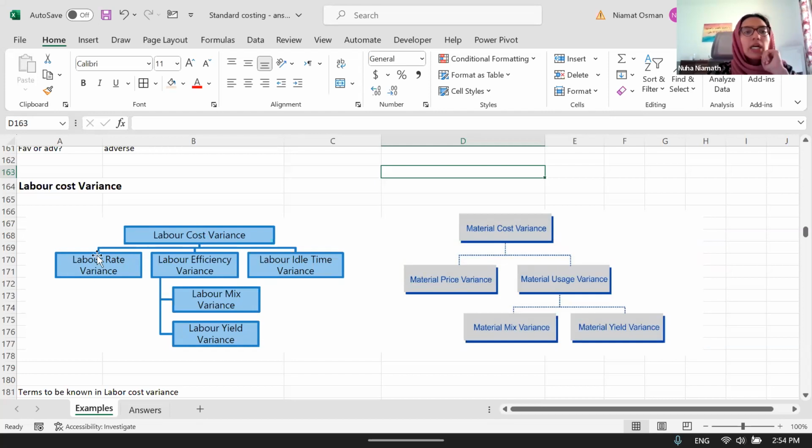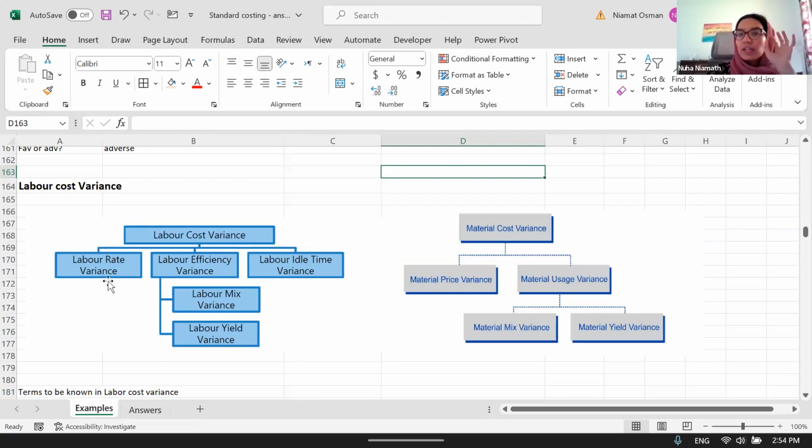Point number one. Labor rate variance and material price variance, same concept. Price variance, we subtract SP minus AP. Here we will subtract SR minus AR. So instead of price, we call it rate. That's the only difference. Everything else remains the same.